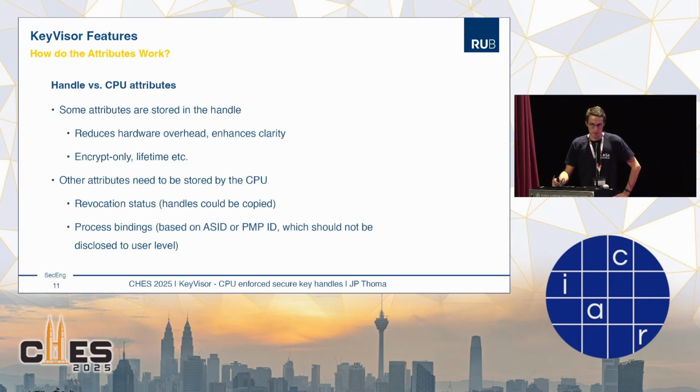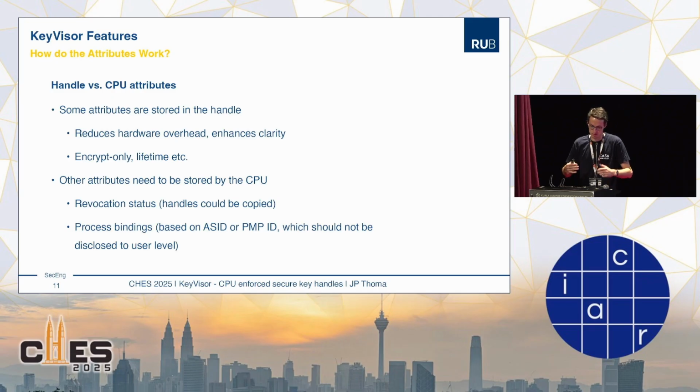Now, in these two examples, you saw that there are basically two different types of attributes. The first one being handle-based attributes that are stored in the handle itself, and then we have CPU-based attributes. So what is the reason for that? Of course, ideally, we would like to store everything in the handle because then we could spare some hardware overhead and wouldn't have to have this CPU internal memory.